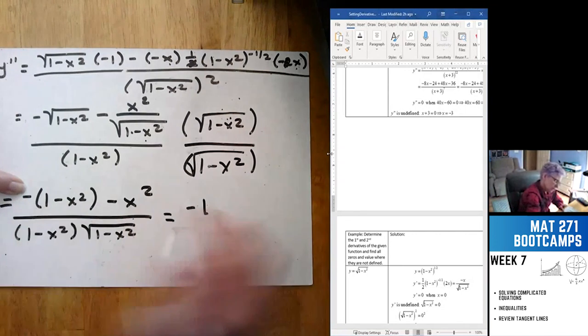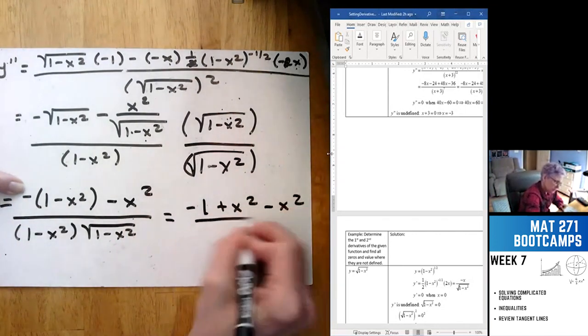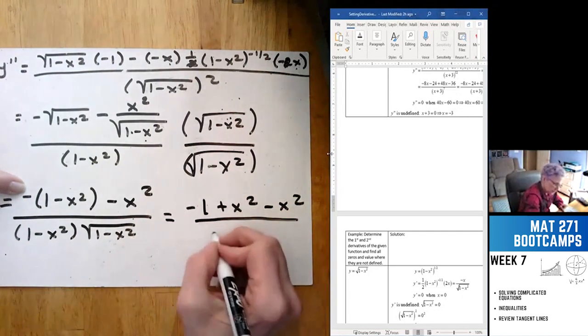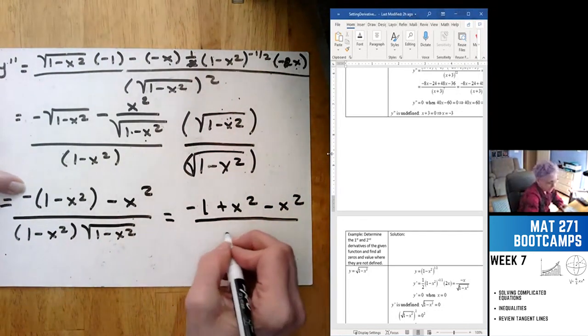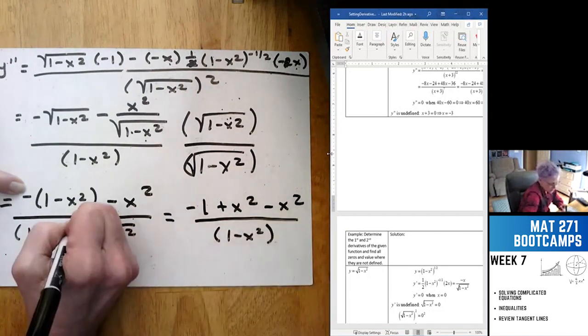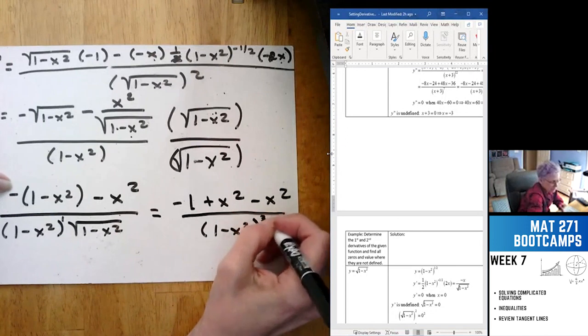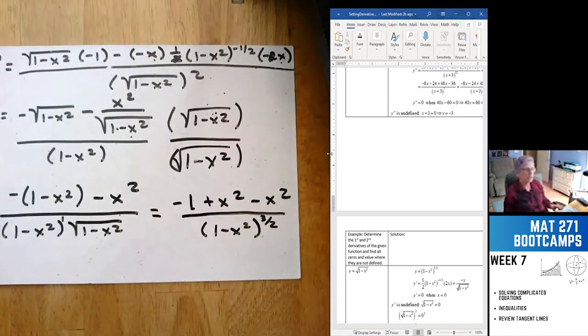So minus minus gives me plus x squared, minus x squared. All of that over, and I'm going to be fancy and write this as 1 minus x squared. This is the first power. This is the 1/2 power. So the 3/2 power.